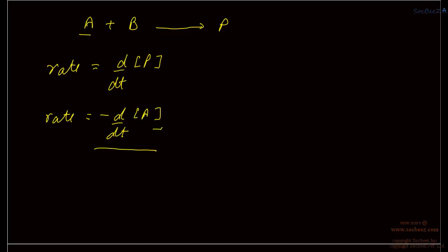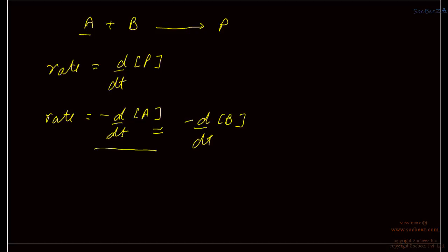And this will be equal to the disappearance of reactant B, because since A and B are here in equal proportions, the rate at which A is disappearing will be equal to the rate at which B is disappearing.